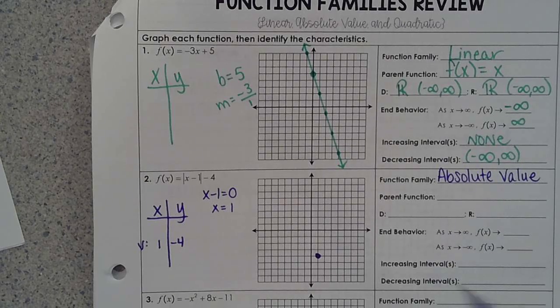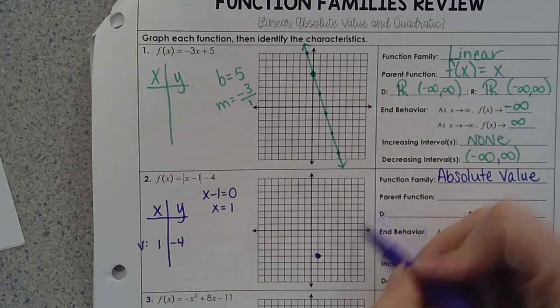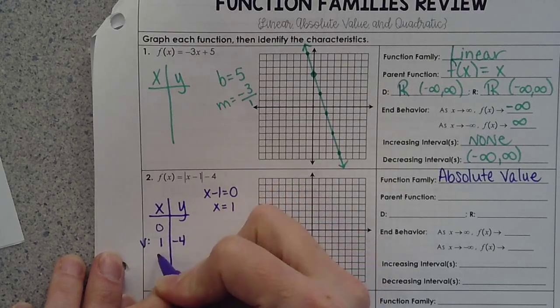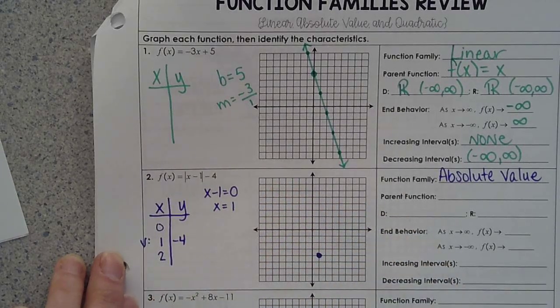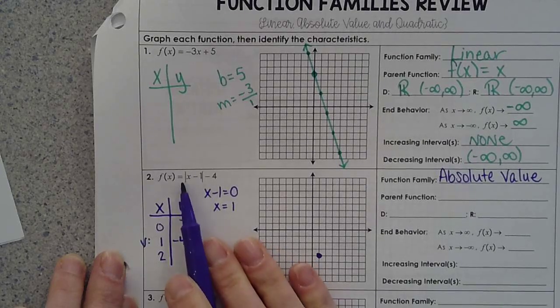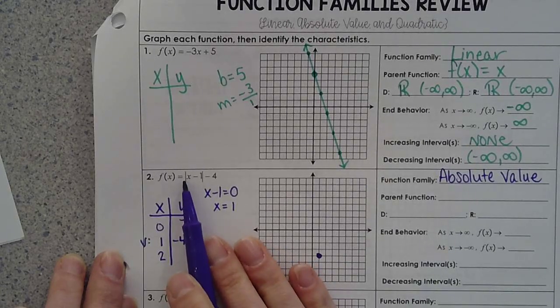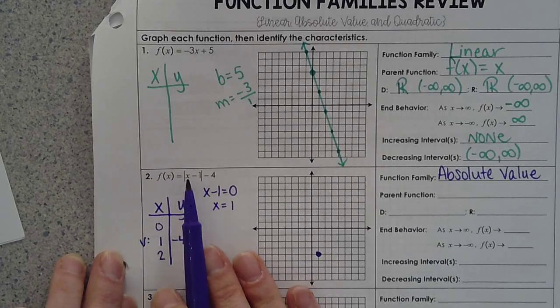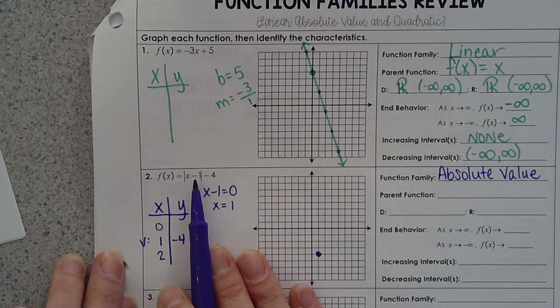Now, absolute value functions have straight arms. Okay, so we only need to find 1 more point on each side of this to know where it's going. Or we can understand what our slope is, and we could use that to find points also. But I'm going to put 0 in for x. 0 minus 1 is negative 1.